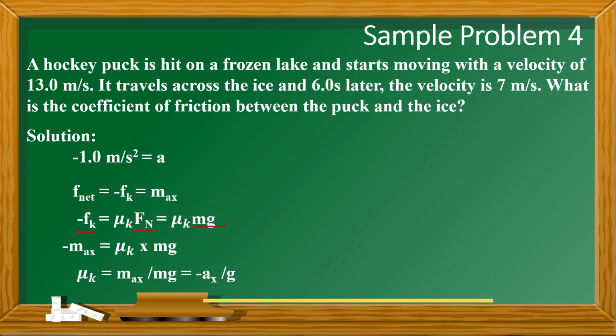So let's use this. Mu k is equal to negative acceleration divided by gravity. Substituting the givens into the formula, our acceleration is negative 1.0 meters per second squared, divided by our acceleration due to gravity, which is 9.8 meters per second squared.